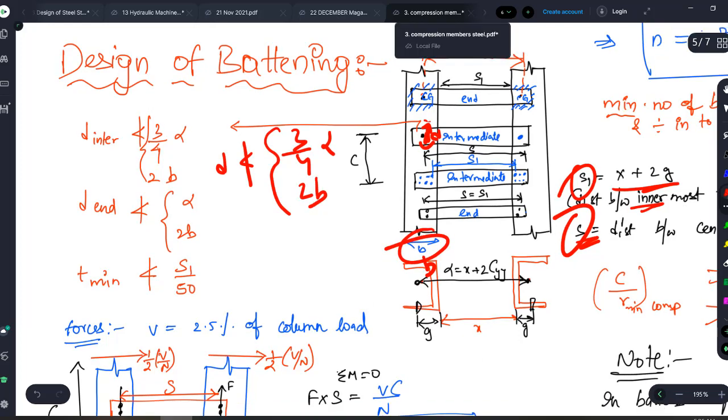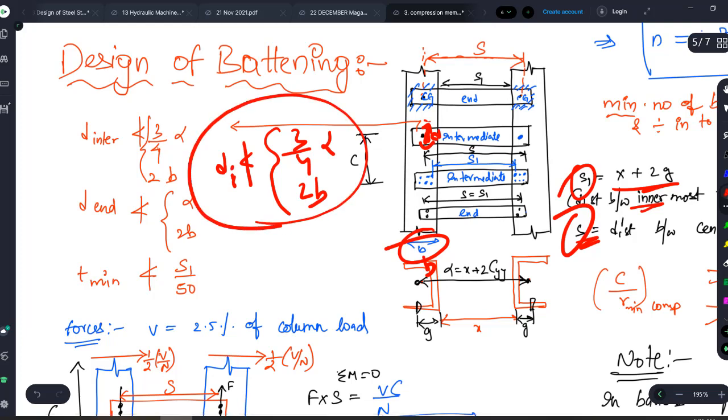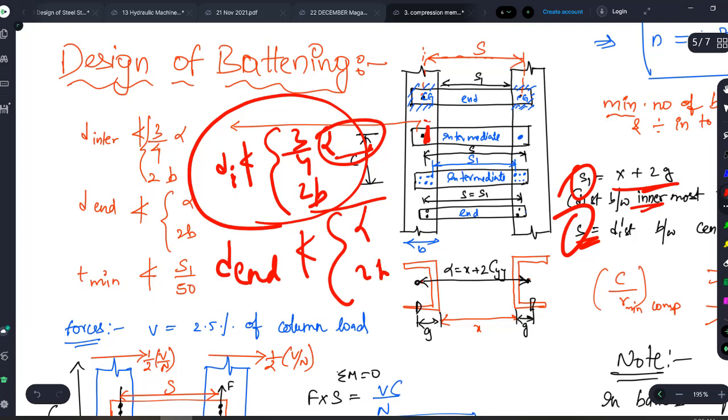This one, right? 3/4 of centroidal to centroidal distance of my column, or twice the leg of my individual column. Similarly, the effective depth of the end battens should not be less than alpha or 2b.